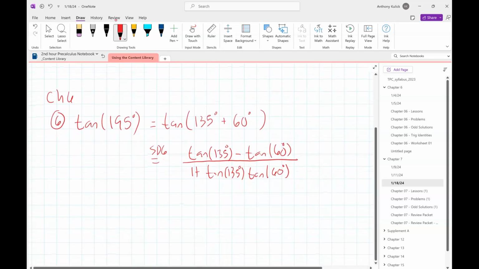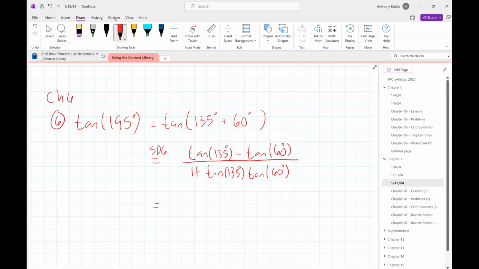Okay. So now I'm going to go to my unit circle, and this time I'm going to pull the values for tangent of 135 and tangent of 60. So looking at my unit circle, tangent of 135, remember tangent is y over x. And tangent of 60, again, is y over x.